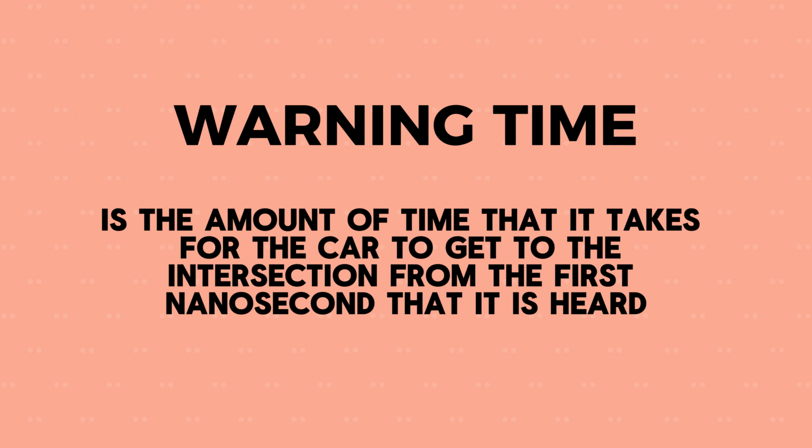So your warning time is the amount of time that it takes for the car to get to the intersection from the first nanosecond that it is heard. And this is something that your orientation and mobility specialist can work with you and your learner on.